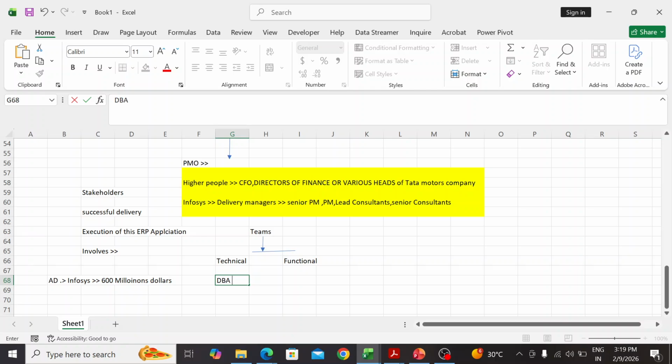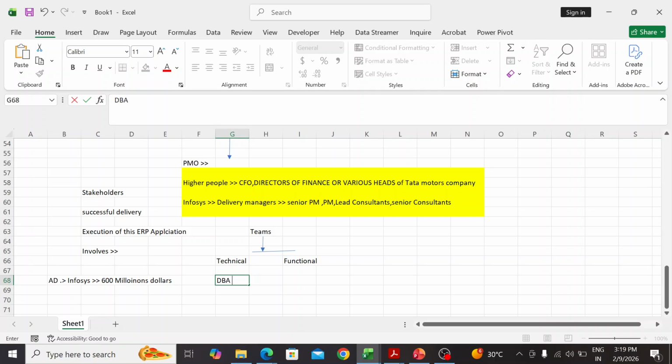DBAs means database administrators. Basically, DBAs are responsible for installation, maintenance, patching and patch updates, and any other technical work, but mostly they are responsible for maintenance of the servers and any kind of debugging.